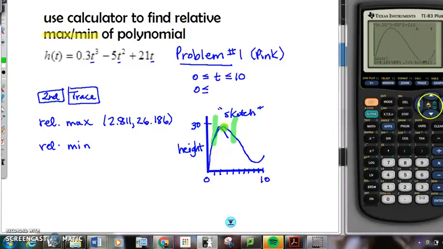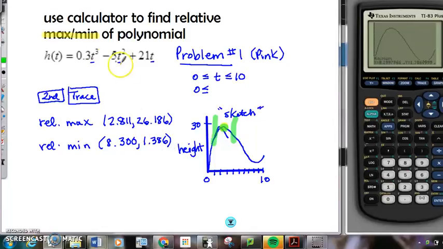I know it's around this area, so I'll hit enter. And then voila, it tells me x is 8.2997, which is going to round up to 8.300, and y is 1.386. And there you go.